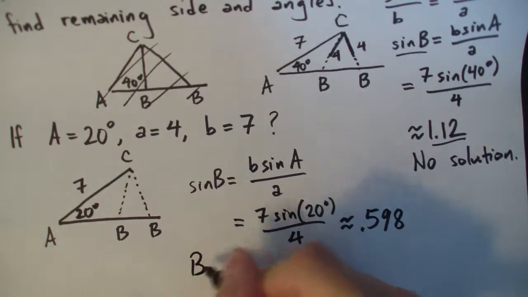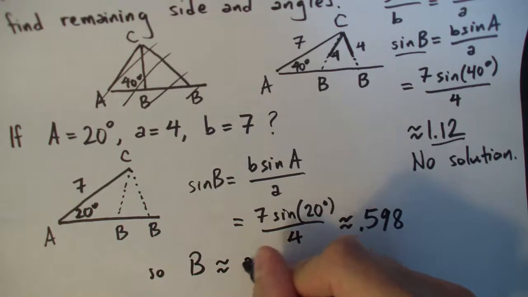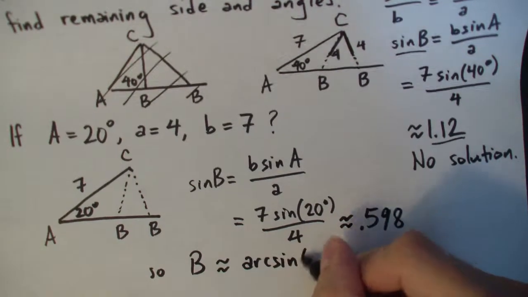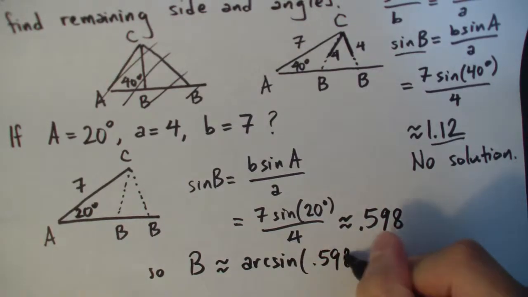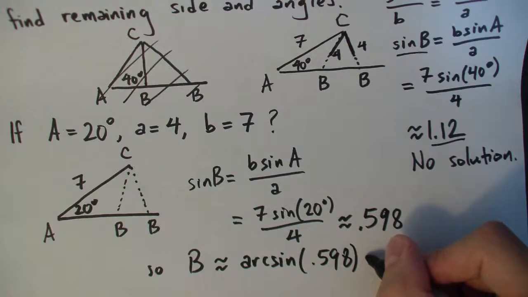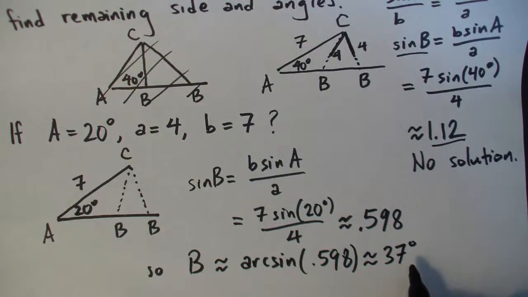So B will be the arc sine, another word for the inverse sine, of 0.598. And that comes out to be about 37 degrees. So that's one value of B.